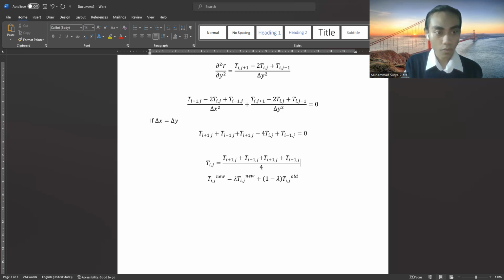And then I'm going to display the 3D one so we can see the plate more visually.